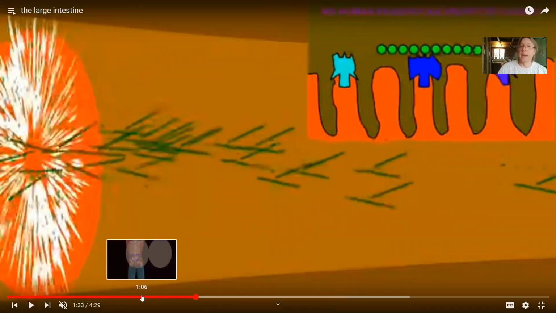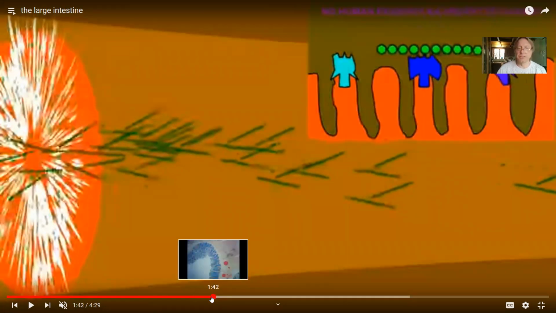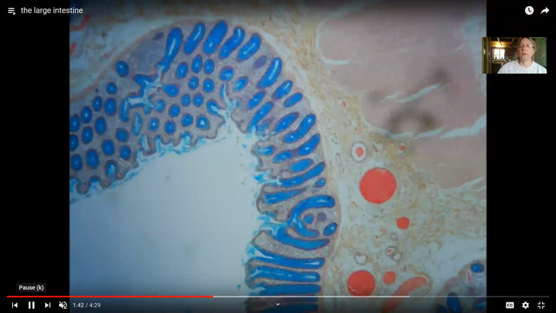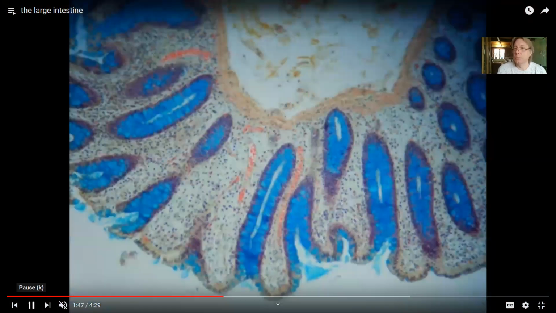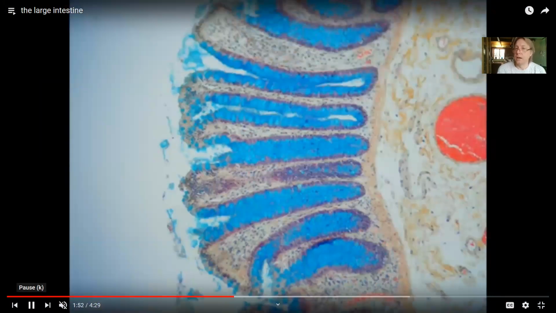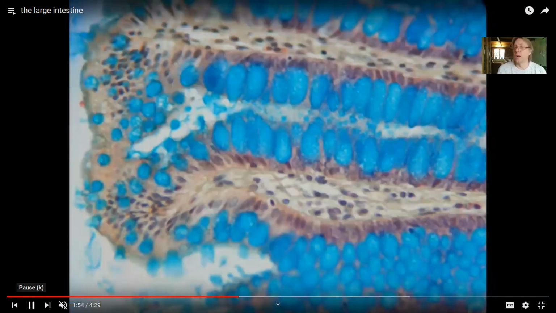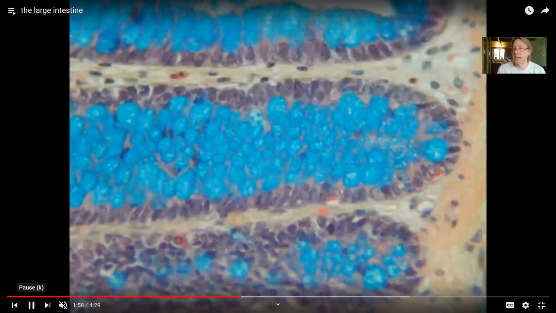The microbiome then has to be managed, and so the large intestine has a lot of immune tissue which manages the microbiome. But that's one of the roles of the cecum, as I'll mention again in the next video. Now here, notice that the cells which produce mucus have been stained blue, because the large intestine is absorbing a bit of water, while about 1 liter of water will reach the large intestine every day.